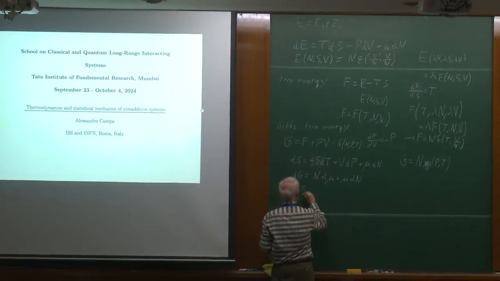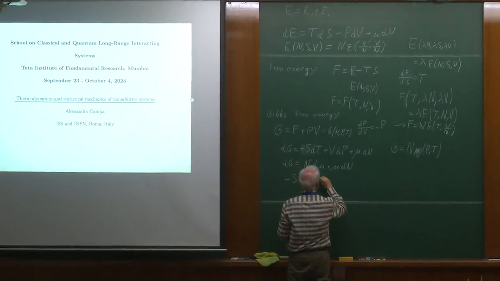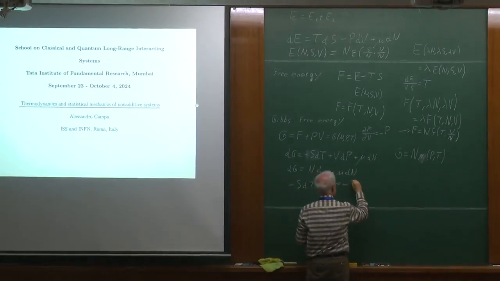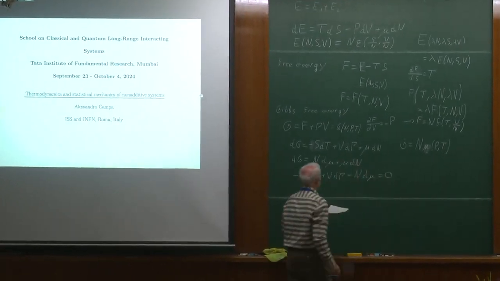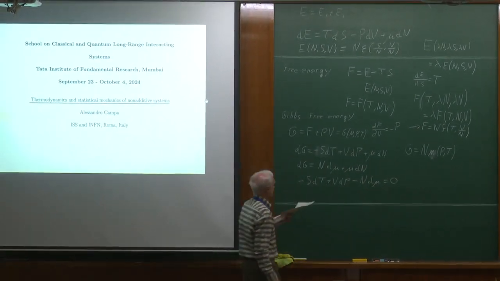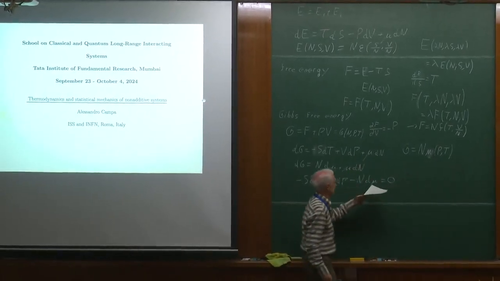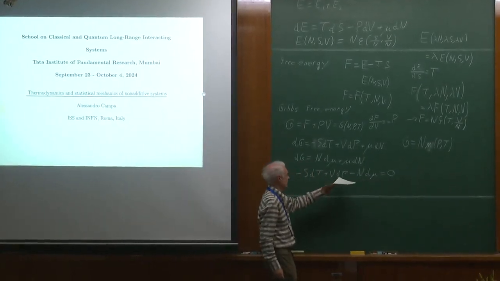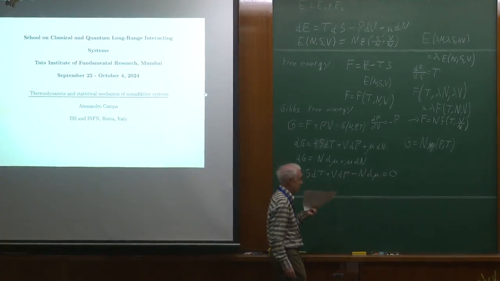And from this, you get immediately the Gibbs-Duhem relation, and it tells you another important fact, which is already embodied here, that the three intensive variables, chemical potential, pressure, and temperature, are not independent among them.